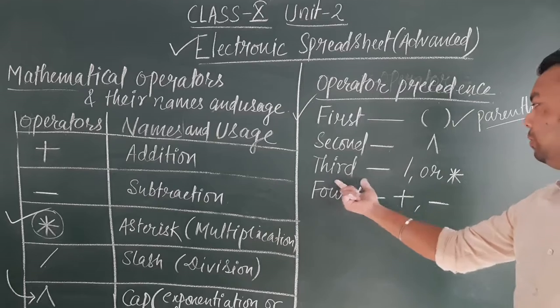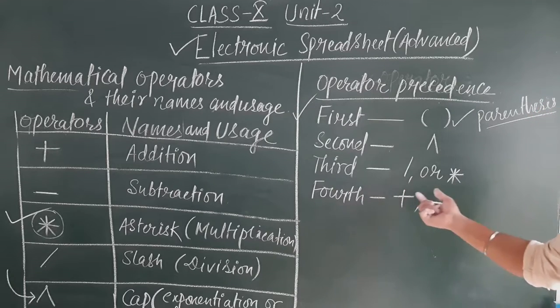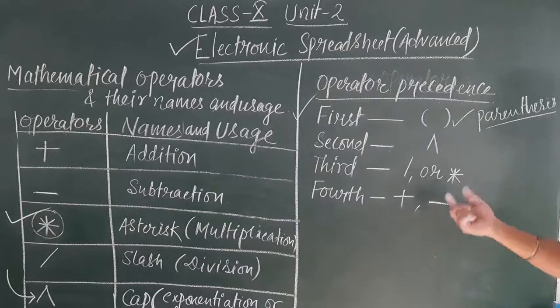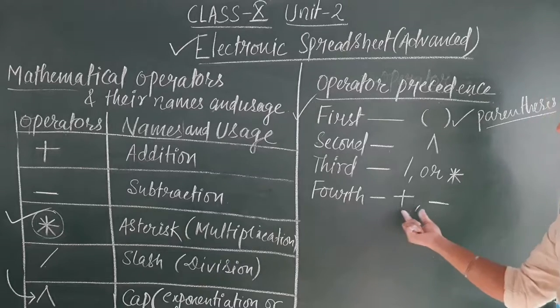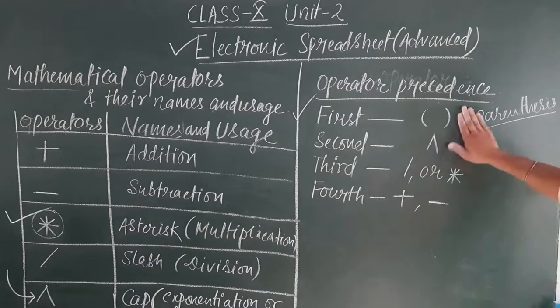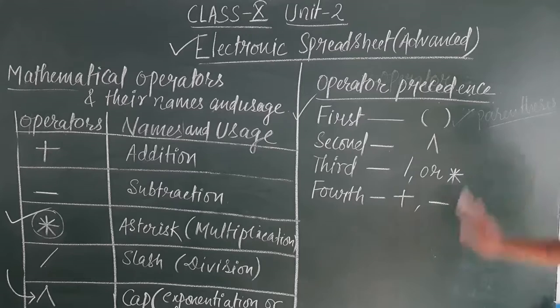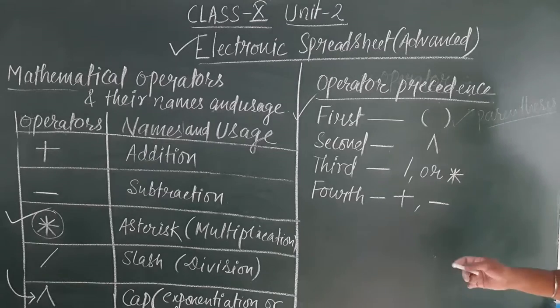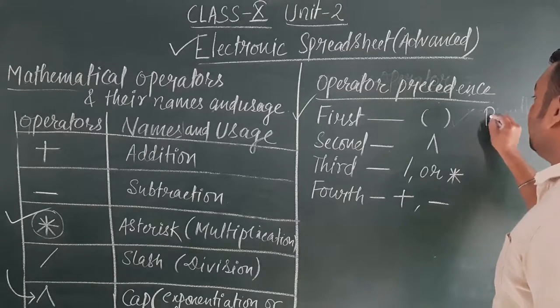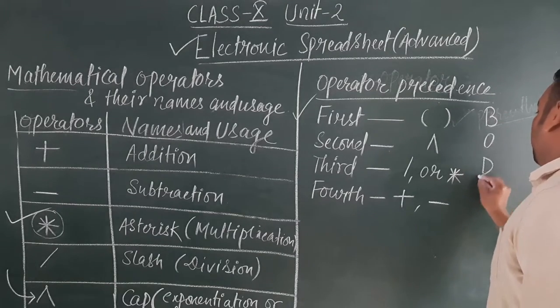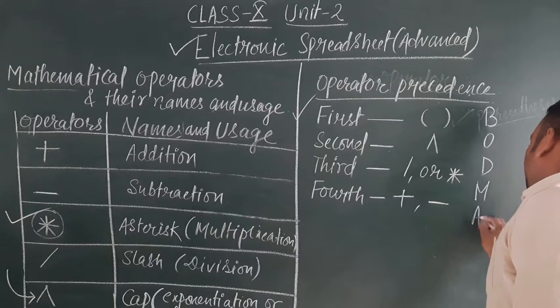Then the third one will be slash or star, meaning division or multiplication, and the fourth one will be addition and subtraction. See, this operator precedence is similar to a concept which you might have studied in your mathematics, that is the rule also known as BODMAS. Correct?